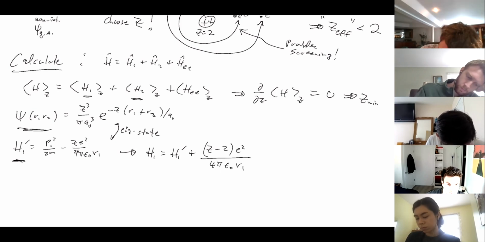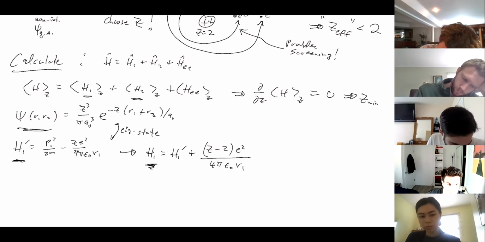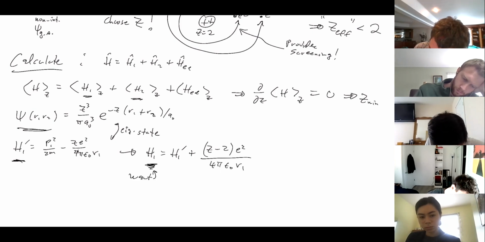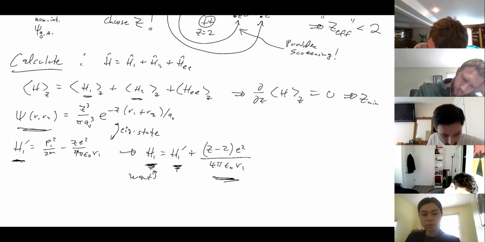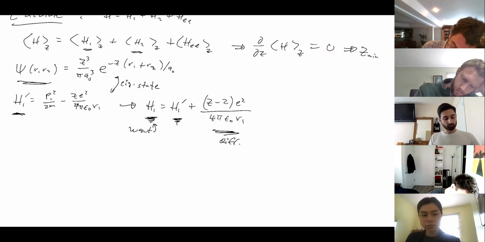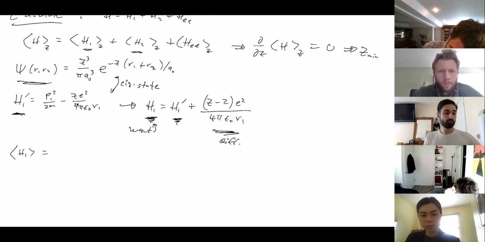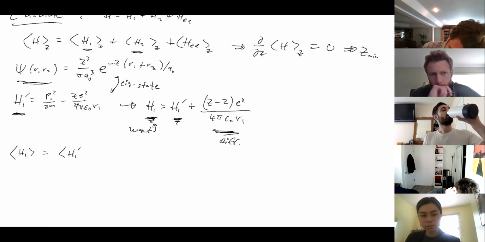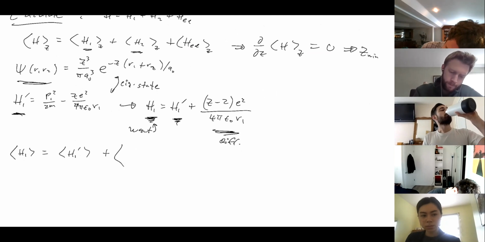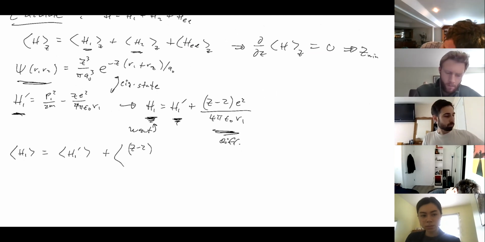We notice that this is the thing we want, and this is the operator, and we know that our function is an eigenstate of this operator, and this is the difference between them. And so what that means is that the expectation value of H1 is equal to the expectation value of H1 prime plus the expectation value of (z minus 2) e squared over 4 pi epsilon naught r1.